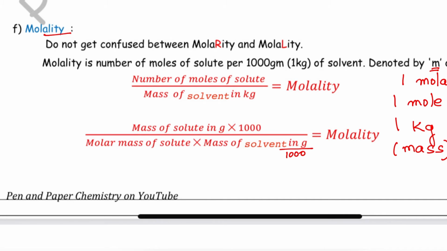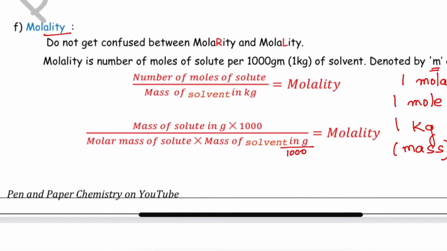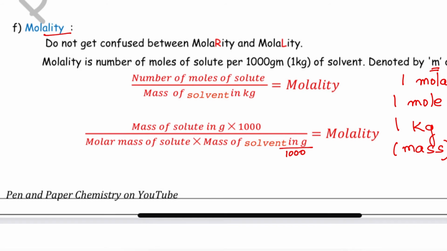But when there's 1,000 in the denominator, we will take it to the numerator, and that is what we have exactly done here, right? So I hope this clears the doubt regarding the 1,000 value over here. Remember, we are taking the mass of solvent in grams over here, right? Okay, so we've got two formulas for molality, or just one if you have understood what it is about.